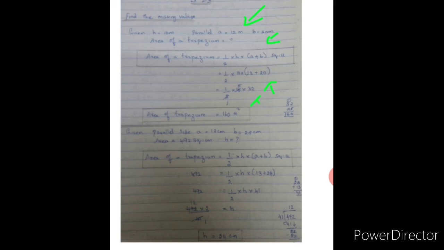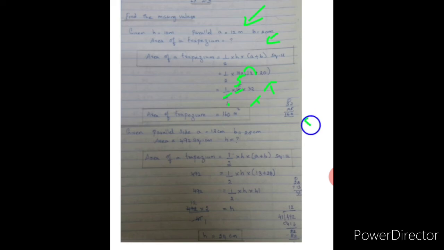Next step, try to simplify the sum. Try to cancel in two tables. Both the 10 and 32 will come in the two tables. So 2 ones are 2 and 10, 2 fives are 10. Now multiply these two numbers, 5 into 32.